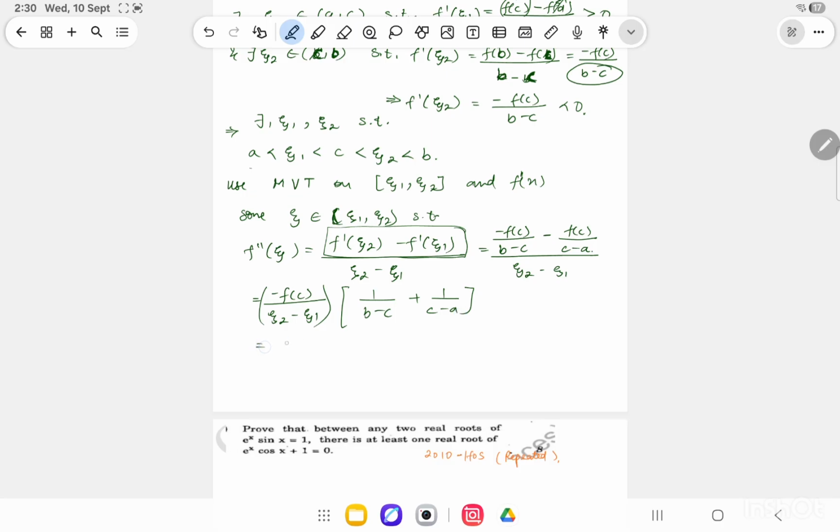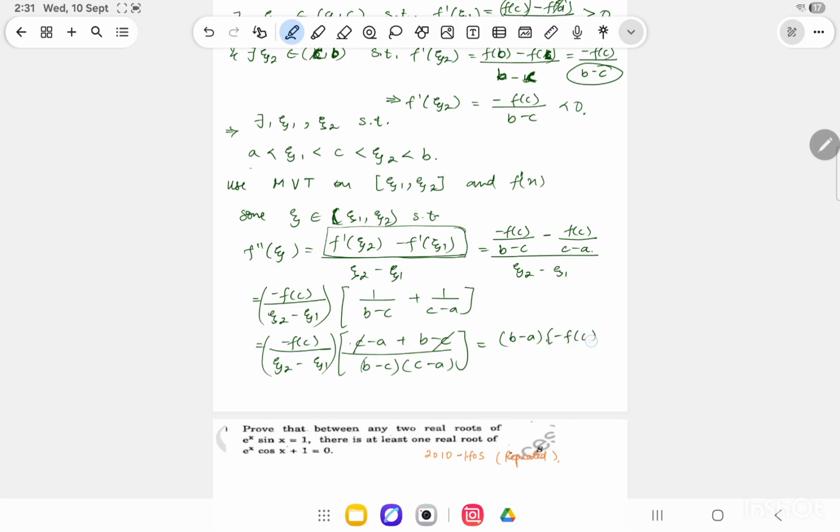This thing is equal to minus f(c) divided by (ξ2 minus ξ1), into (c minus a plus b minus c). This minus c balances out, and in the denominator we have (b minus c) into (c minus a), and the numerator is b minus a.